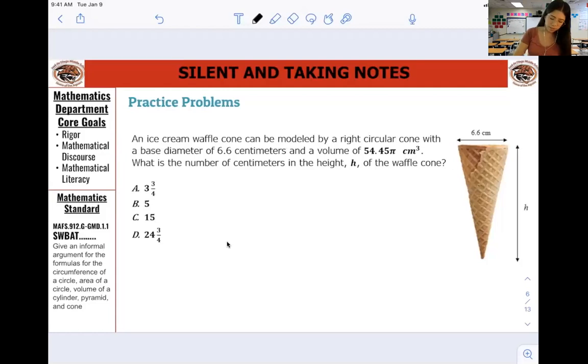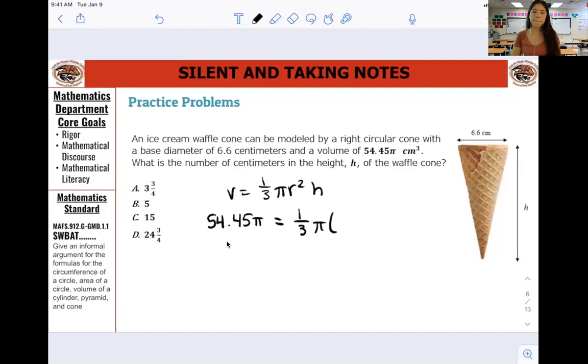So volume equals 1/3 pi r squared h. We know the volume. We know the radius. What's the radius? 3.3.